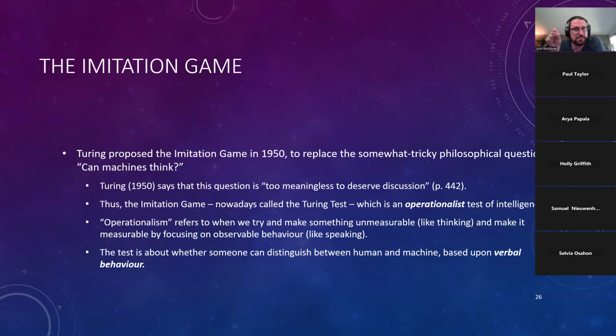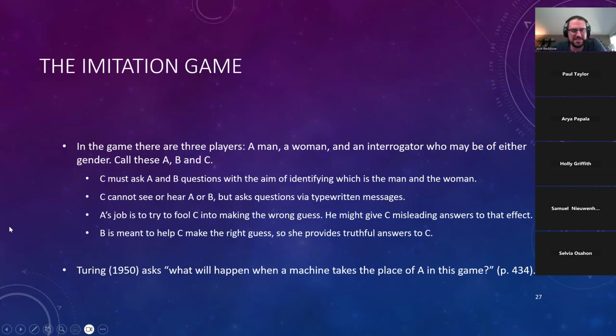For some of those people, it was also verbal behavior. For Turing, it is verbal behavior. And the test is really whether somebody can distinguish between a human and a machine based on verbal behavior. And if they can't, then we have to grant that whatever it is that we're communicating with is capable of thinking.